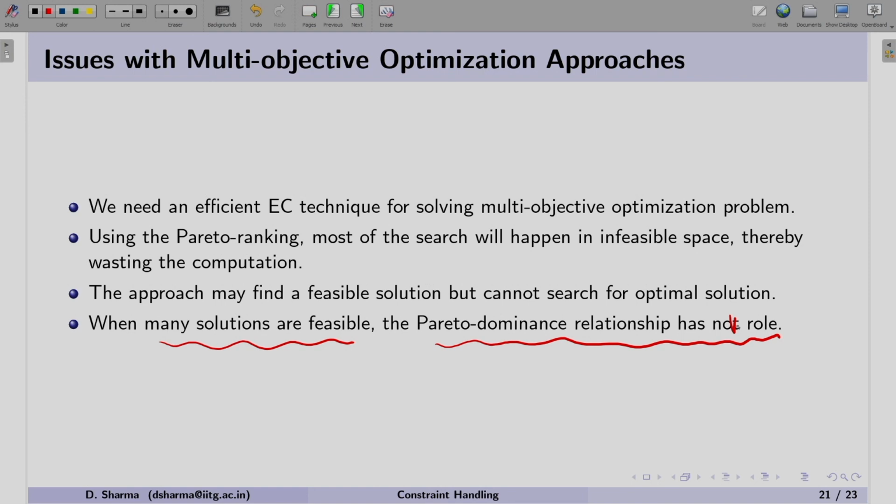Since the constraint violation values are all 0, we have change only in the first objective, which is minimization of f of x. When we apply the Pareto dominance relationship, it has no role because the second objective is always 0 for all the solutions. Therefore, it is not helping us take the solution towards the optimum.